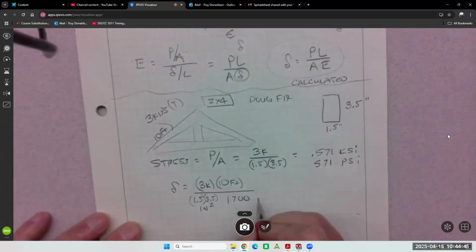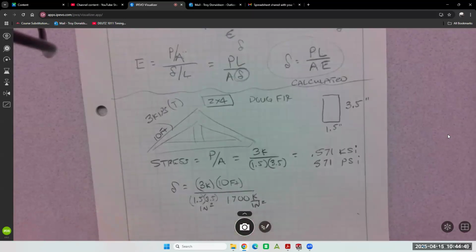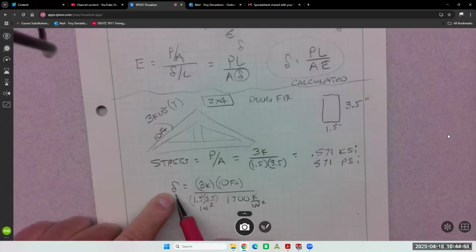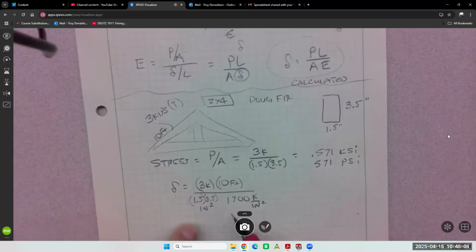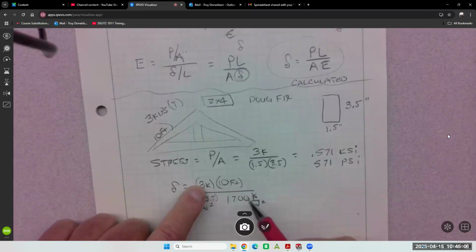Should you convert the 10 feet to inches to keep it all in inches? Yeah, we've got to. That's why I was putting all the units down, because what do we want for our unit in our deformation? Inch, not inch per inch. Deformation is just inch. We just want an inch. So we have to get rid of the kips. That goes away, so that worked.